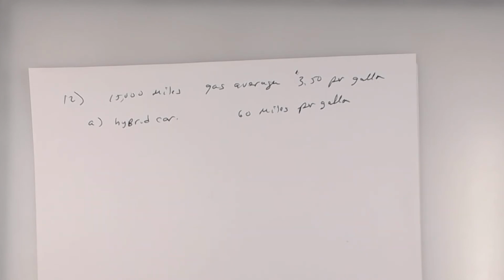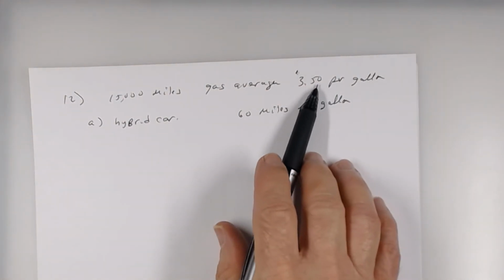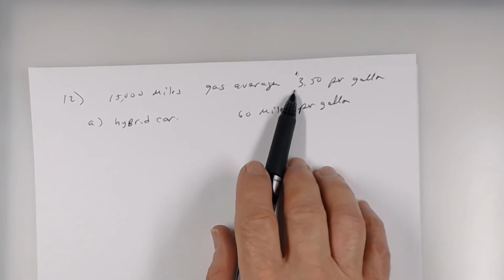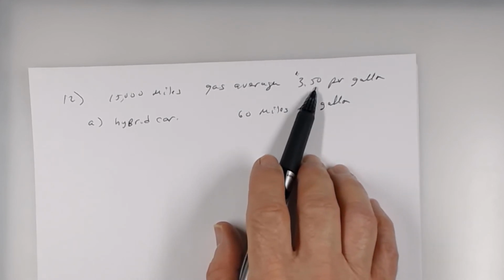Multiplied by 15,000 miles. Say it again. 350 multiplied. Well, you're on the right track. Let's think about what this is right here. This 350 is how much it costs per gallon, right?